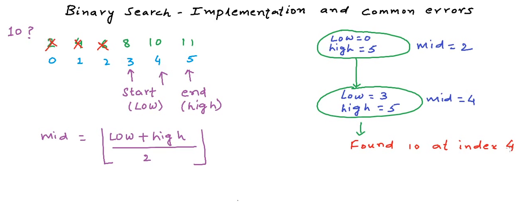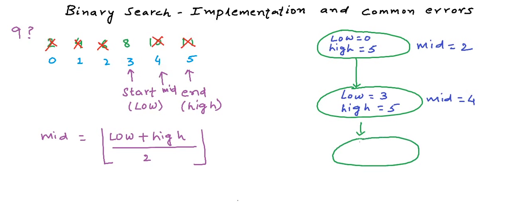Okay, what if we were searching for the number 9 in the array? Till this step it would have been the same thing. Now at this step the middle element is 10, we compare it with 9, and I'll also modify it here. Now 10 is greater than 9, so definitely 9 can only exist before 10. We need to discard this part of the array, and we need to go to a state where our search space is defined by low equal to 3 and high equal to 3.